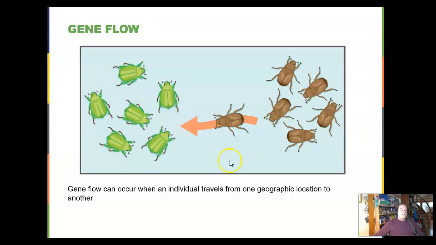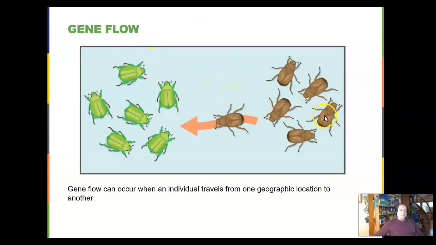And of course, gene flow is the tendency of individuals to leave one population and move into another population. Emigration, with an E, is leaving a population, and immigration is moving into a population. If somebody's emigrating, they're also immigrating in the other direction. But that's gene flow.